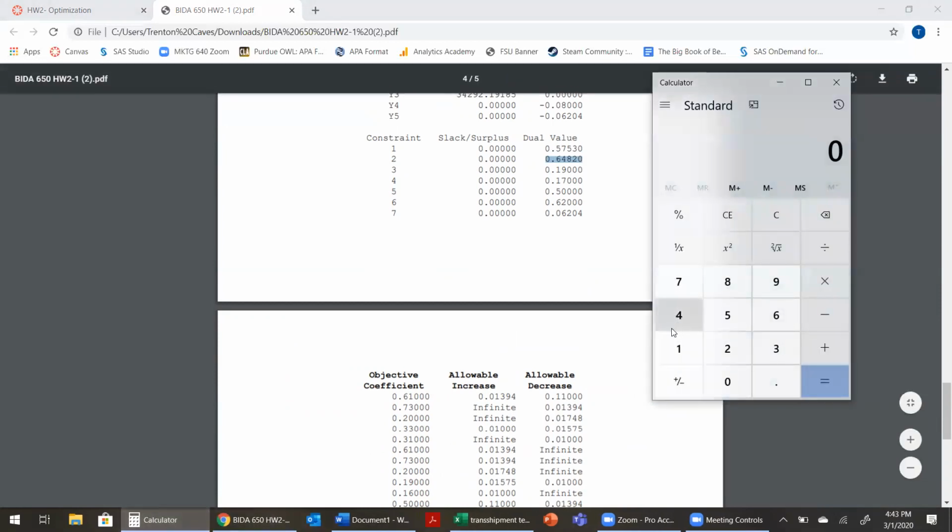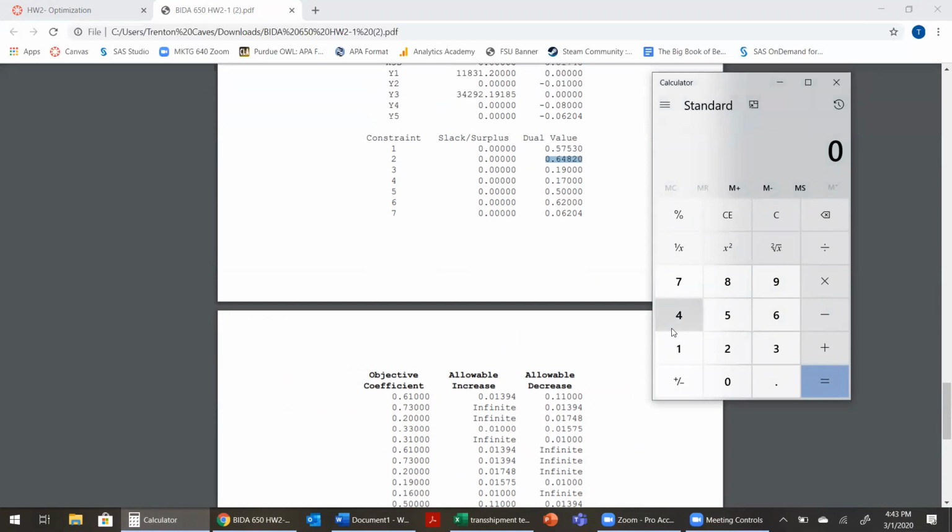So our profit is going to increase 0.5753 times 3,400. So we're making an extra 1,956.02 out of our regular looms, and 240 times 0.6482, and $155.57 out of our Dobie looms.